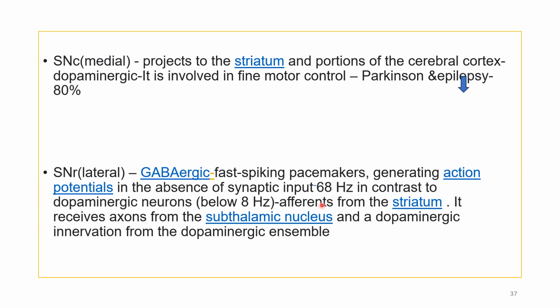And substantia nigra pars compacta can generate impulses at the rate of 8 hertz. The reticularis receives axons from the subthalamic nucleus and a dopaminergic innervation from the dopaminergic ensemble.